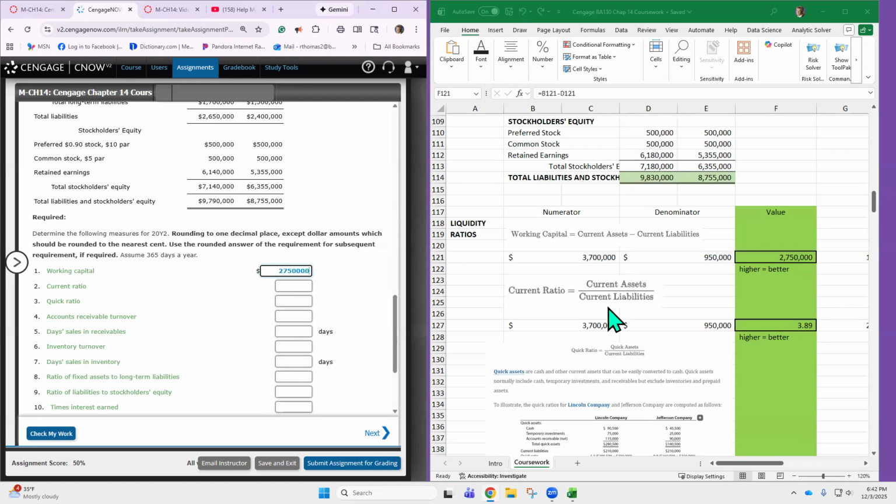This is your only subtraction one. This is the only one that you'll get a subtraction, and usually those are dollars, by the way. This is dollars. Okay, this is dollars. This is not dollars. This is a number. So I'm going to put the dollar sign in that first one to indicate that working capital is a dollar amount.